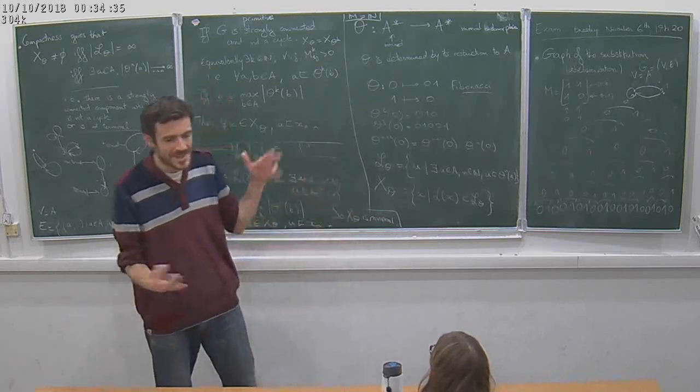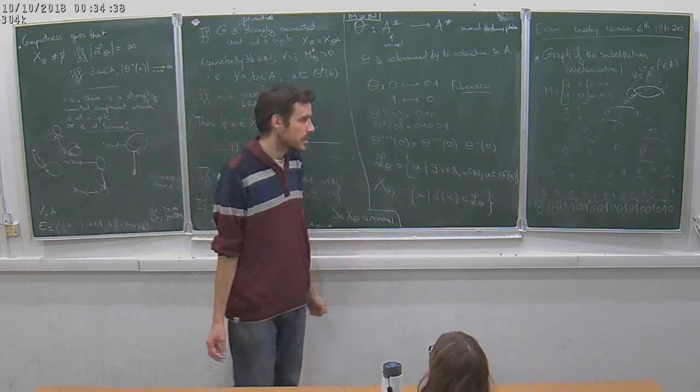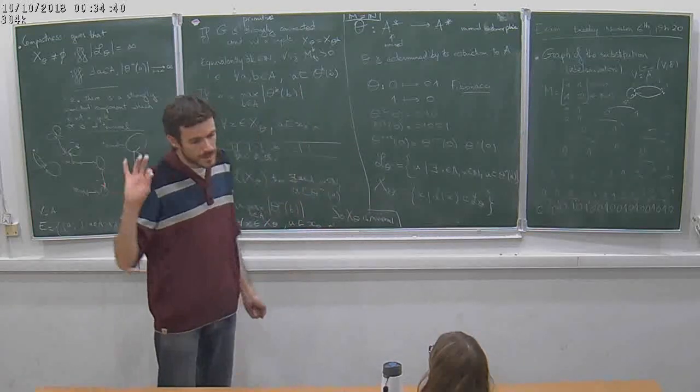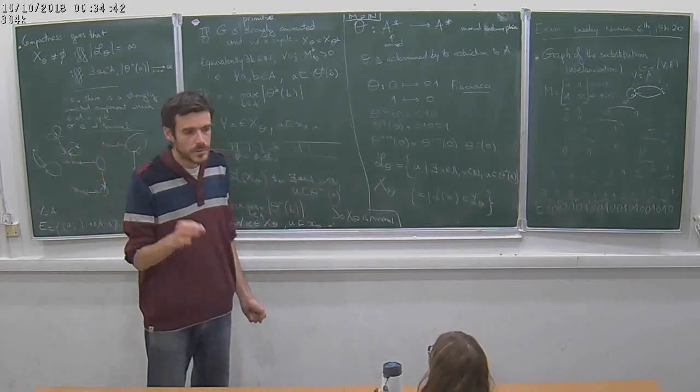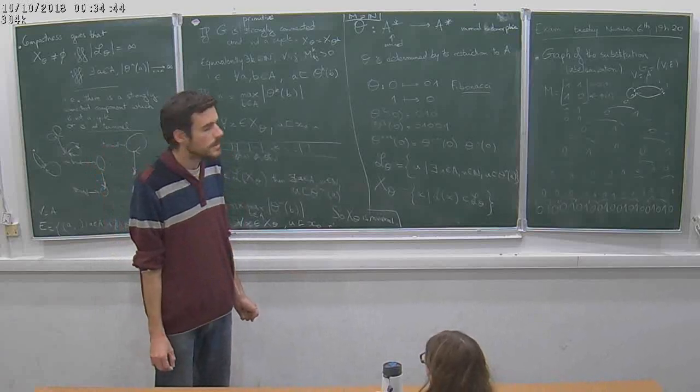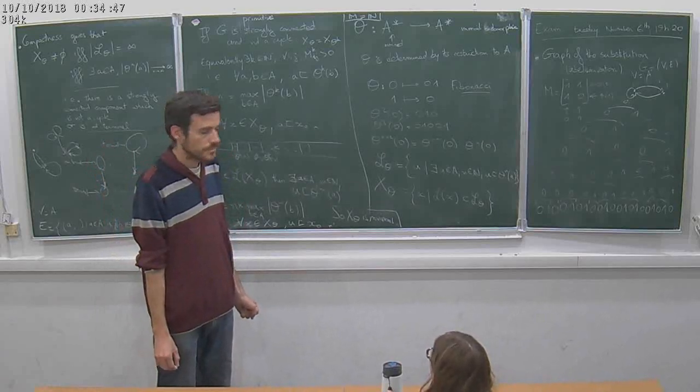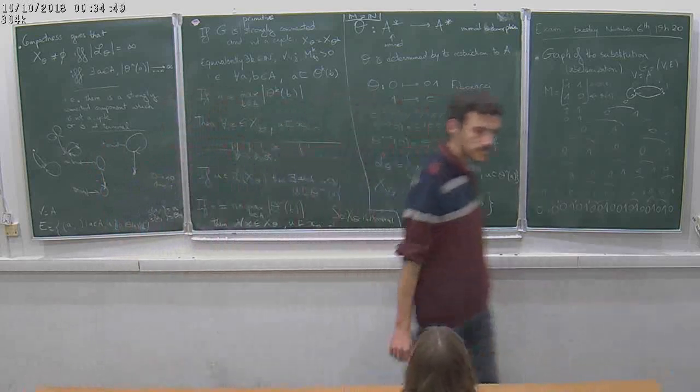Everyone understands even without formalizing the idea, but with everything we did before, for an infinite configuration, you can formalize it also very easily. And you said the word abelianization.